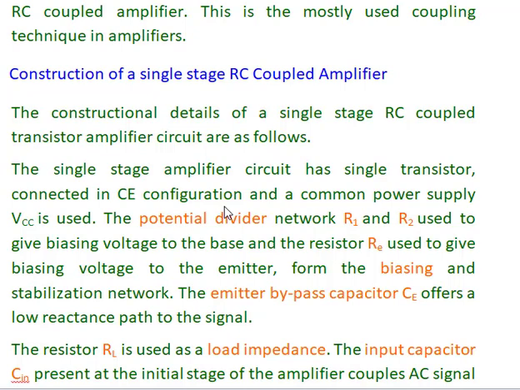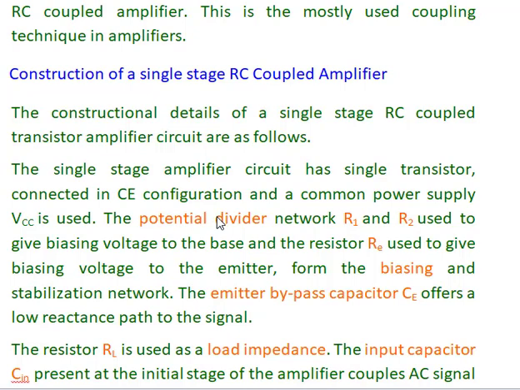Here the emitter is grounded, the base is taken as input, and the collector is taken as output. So this circuit consists of the active element transistor and the passive elements, resistors and capacitors.